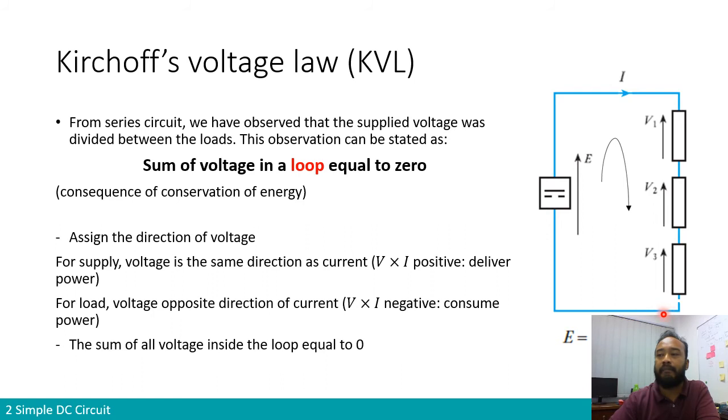It's the same thing, right? This is the equation that comes from Kirchhoff's Voltage Law, or KVL. We're going to use this to find unknown voltages in our circuit analysis. So let's try several exercises.